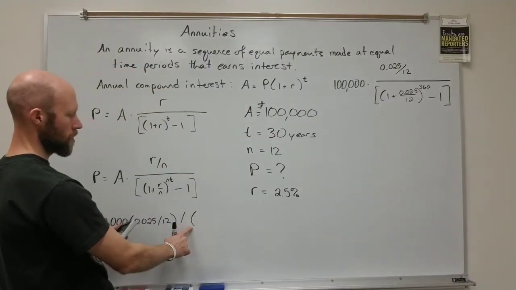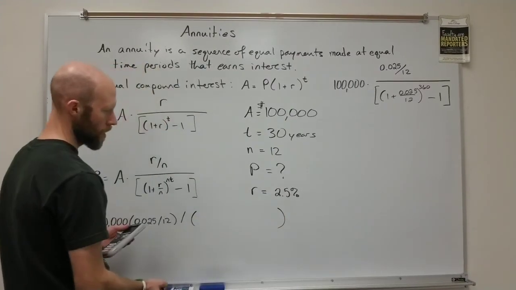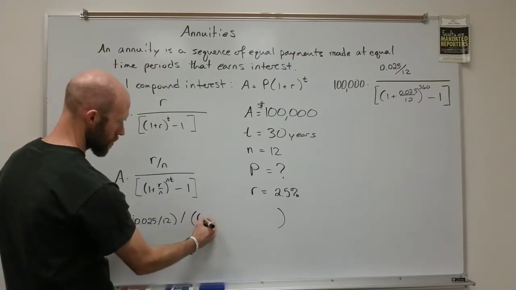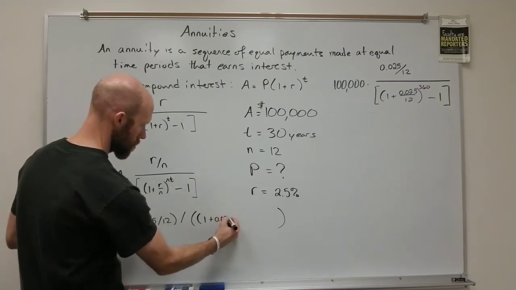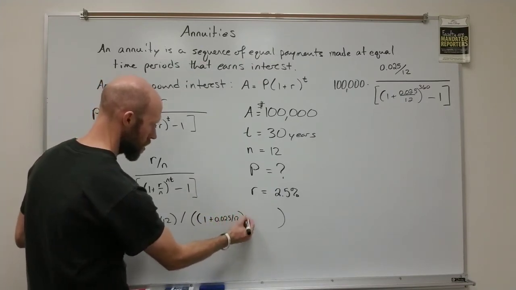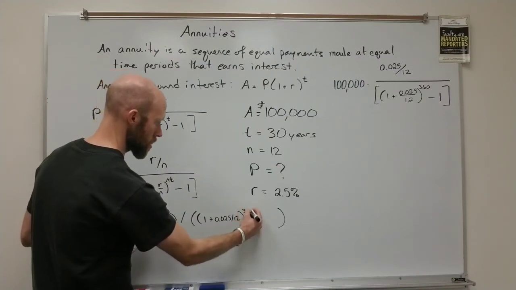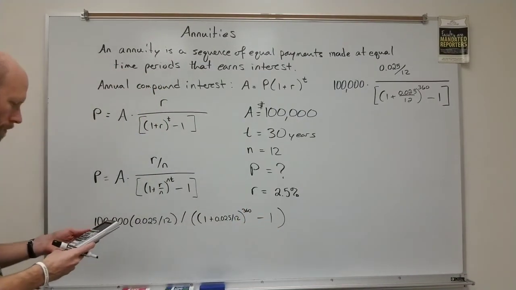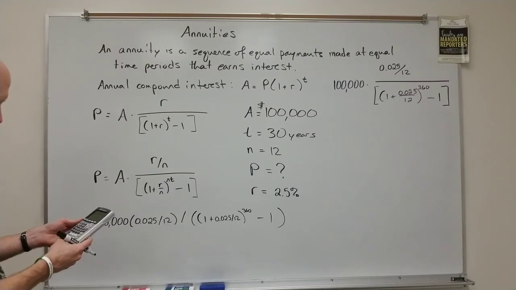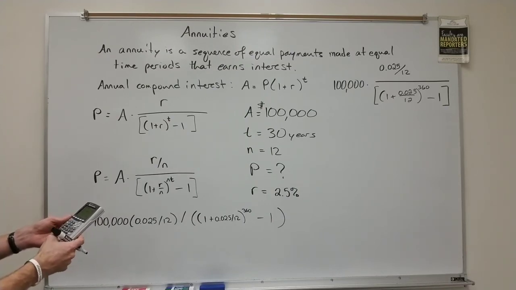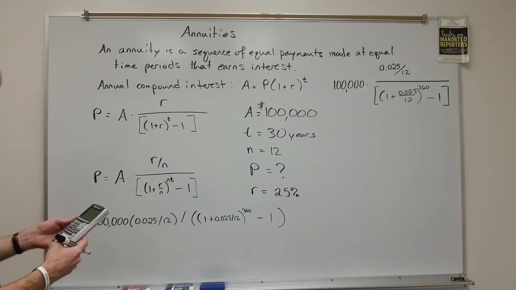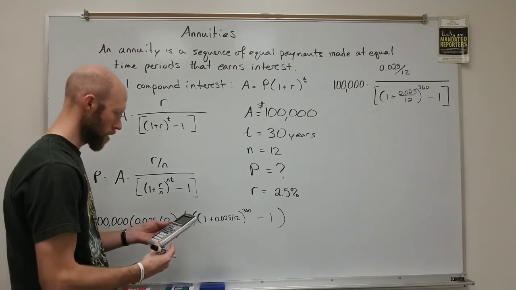So there's a parenthesis to group the entire denominator, and then I need a parenthesis for the 1 plus 0.025 over 12 raised to the 360, and then the minus 1. So double parenthesis 1 plus 0.025 over 12 raised to the 360 minus 1, and then another parenthesis to close it off.